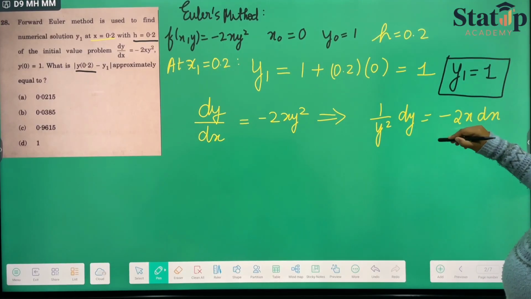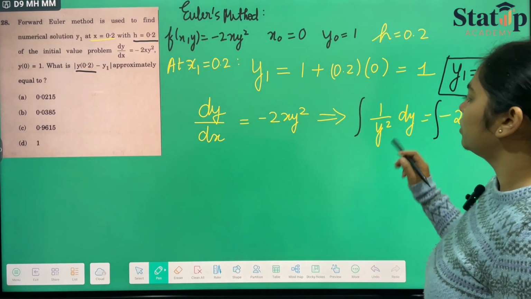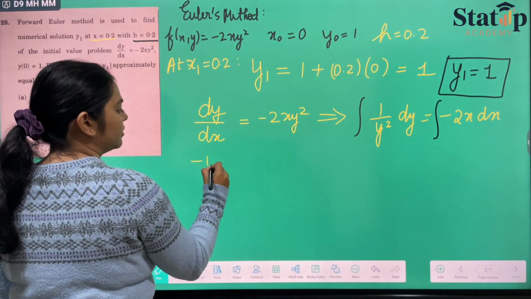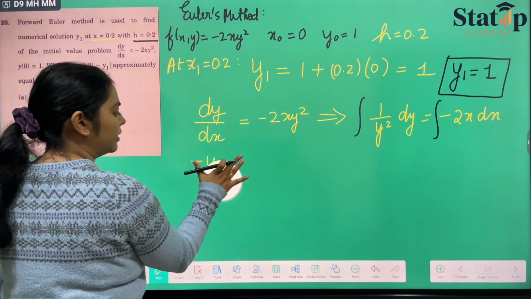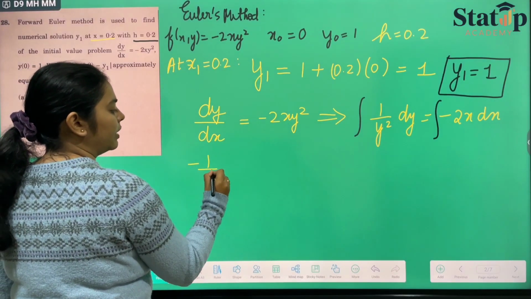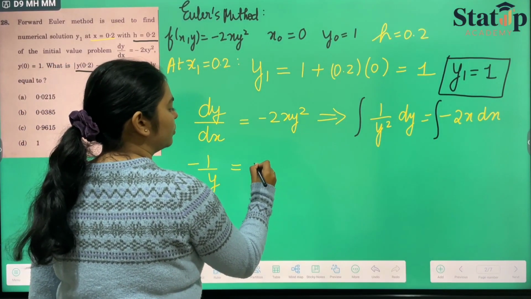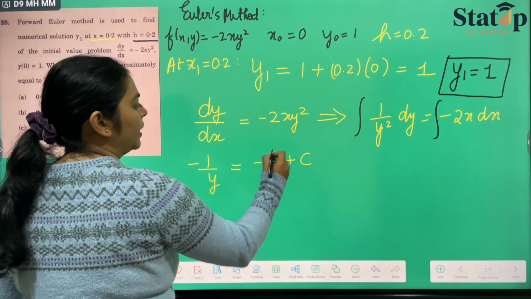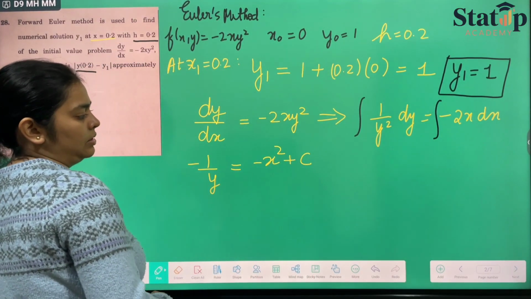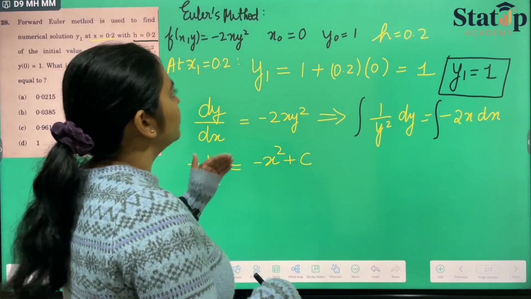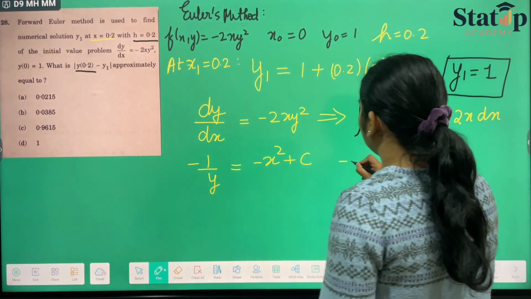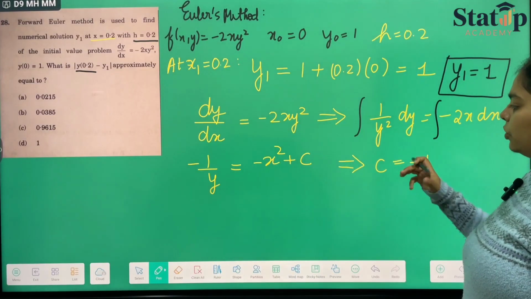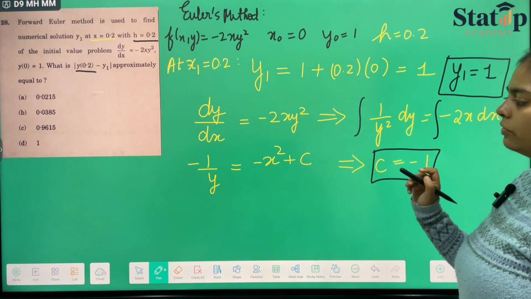And if we take integration on both sides, then we'll be getting minus y raised to the power minus 1, I am directly writing it, minus 1/y equals minus x² plus c. Now if we put the values of x and y in here, we'll get the value of c as equal to minus 1. Putting the value, we get the value of the constant.